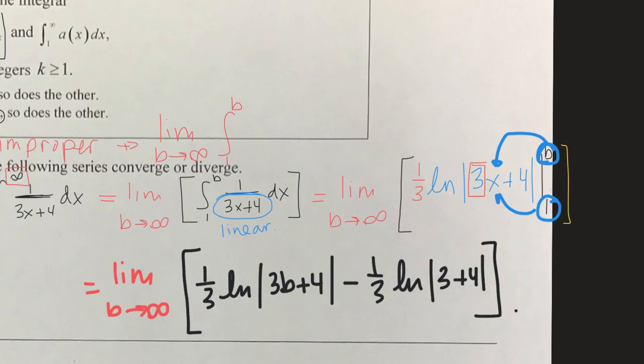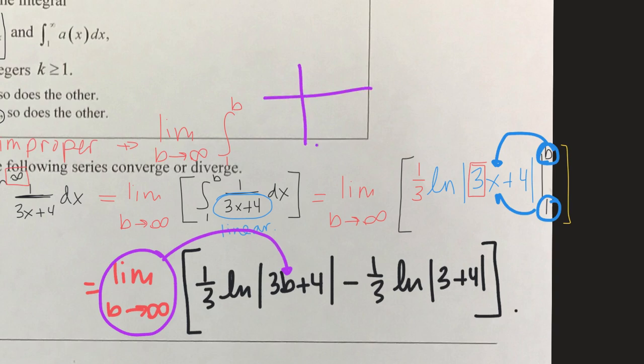So now let's actually look at the limit of each of these parts. What is the limit as b goes to infinity of a natural log function? Okay, thinking about the graph of a natural log, it grows logarithmically, but does it have an upper bound? No. So this one is infinity. The limit of a natural log function as b goes to infinity is infinity.